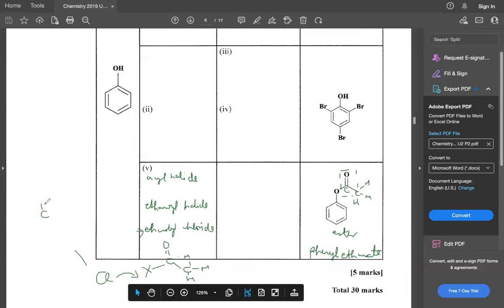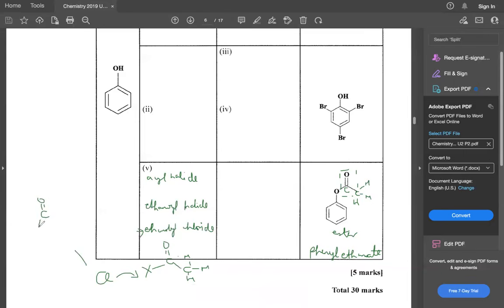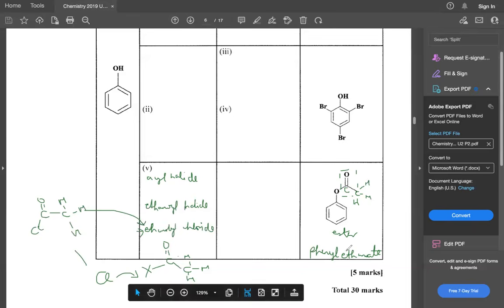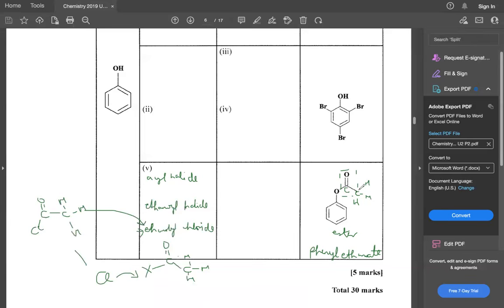It would be C double bond O Cl, and then that's attached to the methyl. So when we look at this, we can see that we have 2 carbons, right? So that's ethanoyl chloride. And if we react ethanoyl chloride with phenols, we're going to get an ester, a phenyl ester. So this one in particular would be phenyl ethanoate. Okay? And that's it, guys.